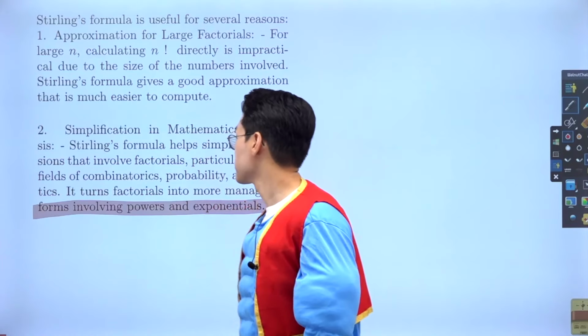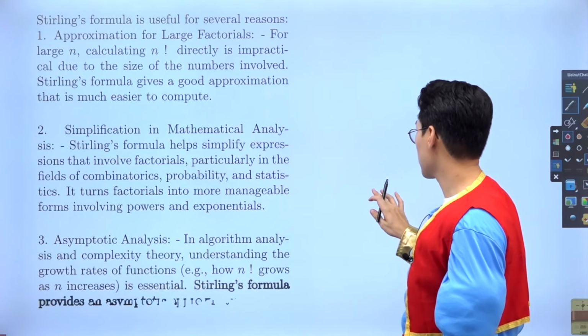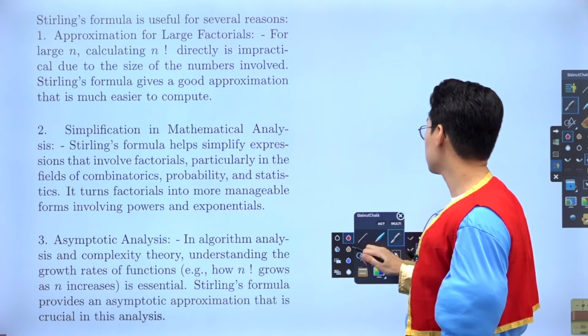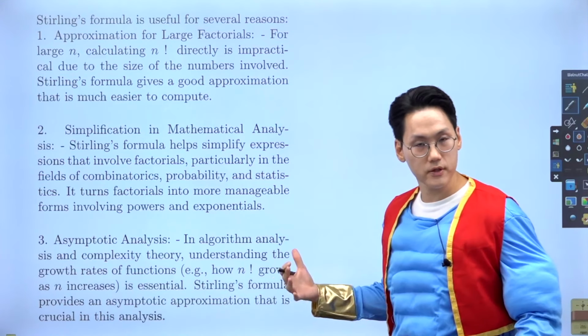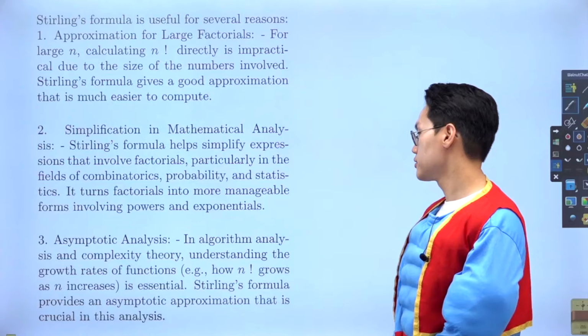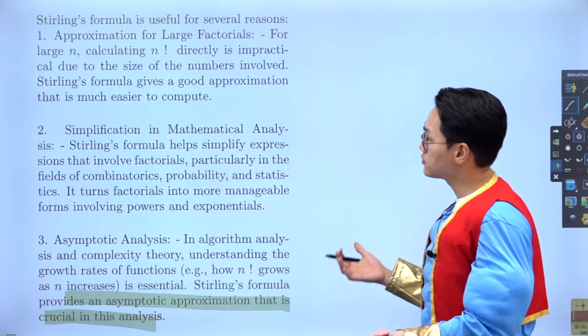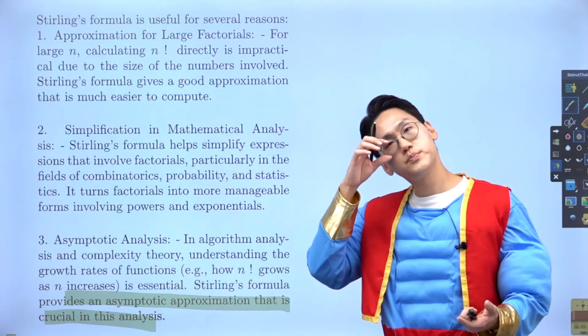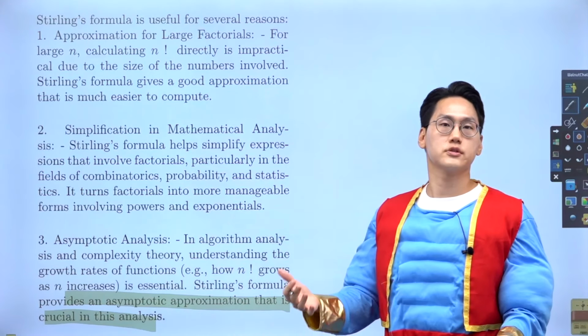Powers and exponentials. And in statistics, you can also associate this large value approximation with something called the central limit theorem, which is largely to do with the normal distribution.